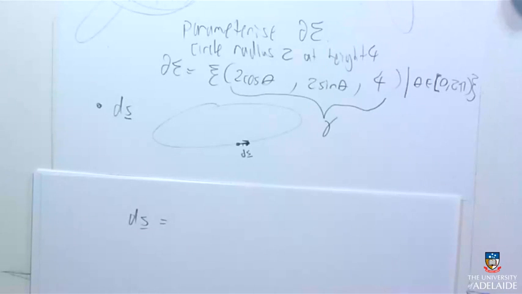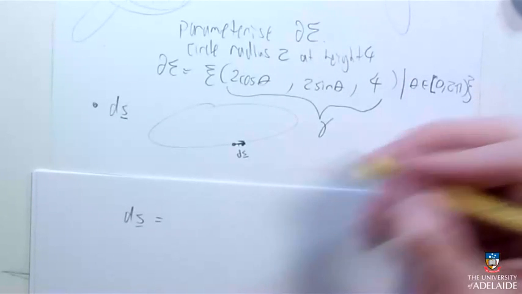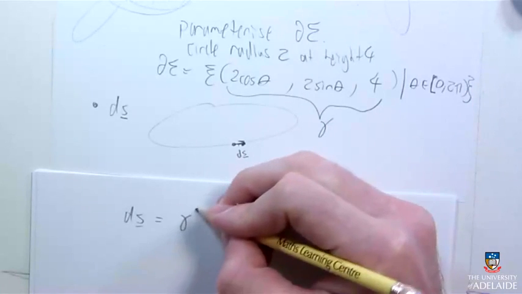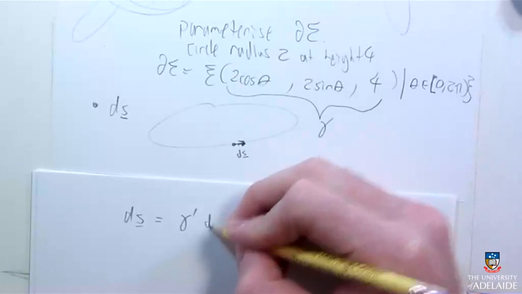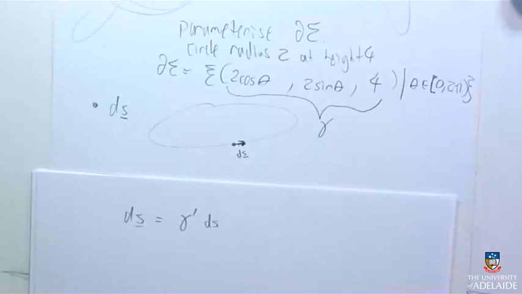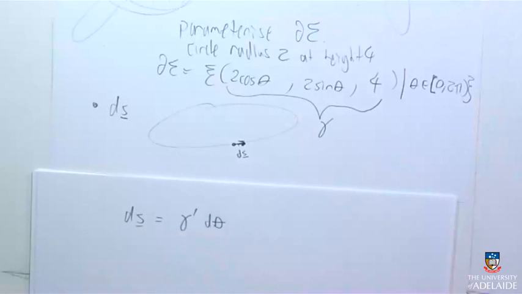The reason it's called sigma back there is that sigma is the S sound for surface. Okay, so this is going to be the derivative of gamma, which is a vector, times d theta. Pretty sure that's right.